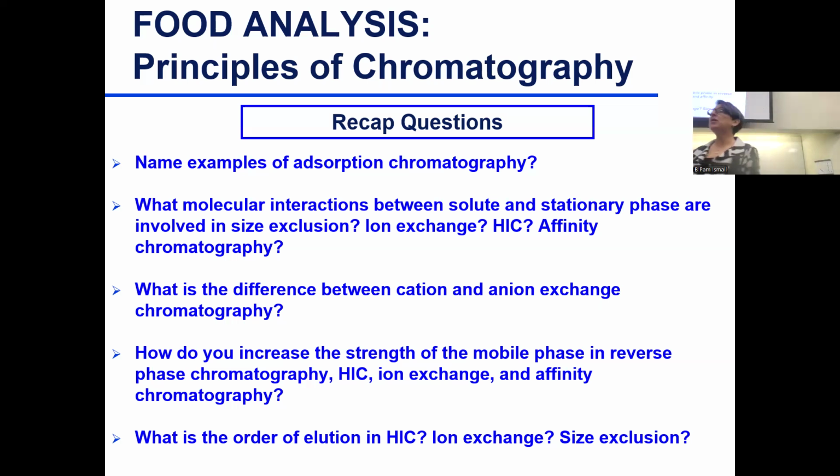All right, can you give me examples of adsorption chromatography? TLC? TLC is mostly run as partition chromatography because of the 2 liquid phases. But we have several forms of adsorption chromatography.